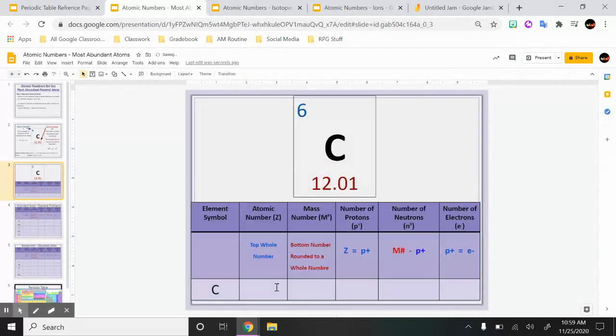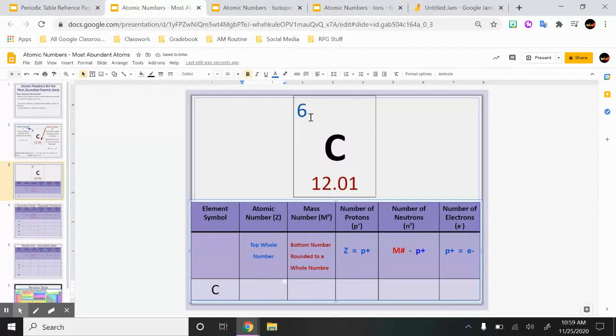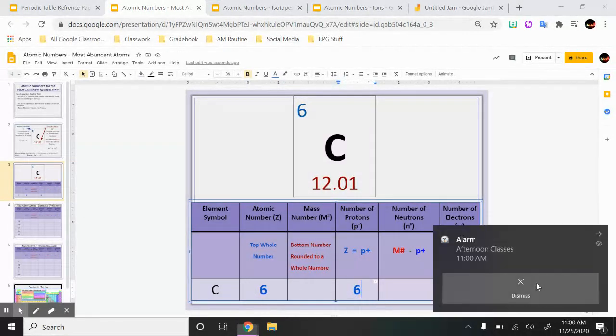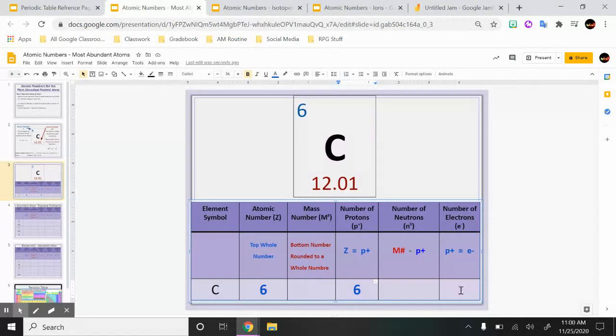Okay, there we go. So our atomic number for carbon is up at the top. It's going to be 6. Now, we talked about our protons are going to equal the atomic number, so they're the same exact thing, so they should always be the same. Our electrons in a neutral atom are going to equal the protons, so this one will always also equal 6.